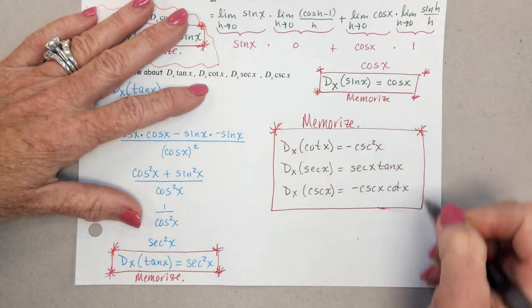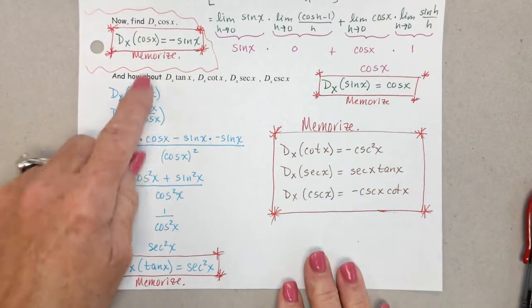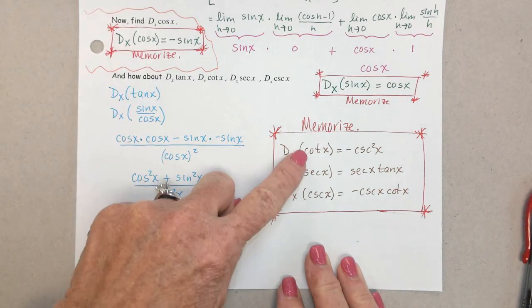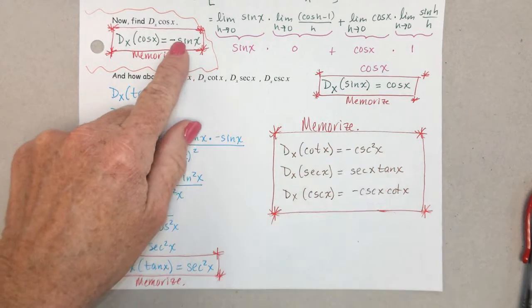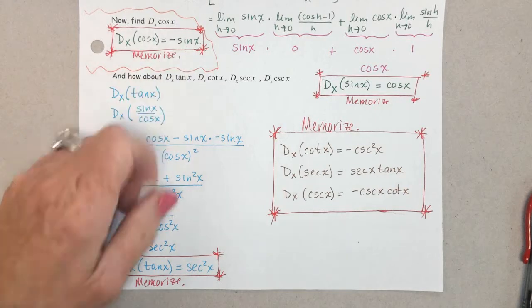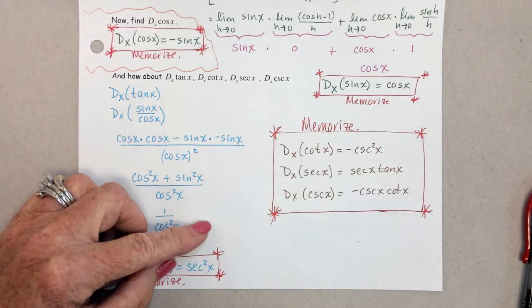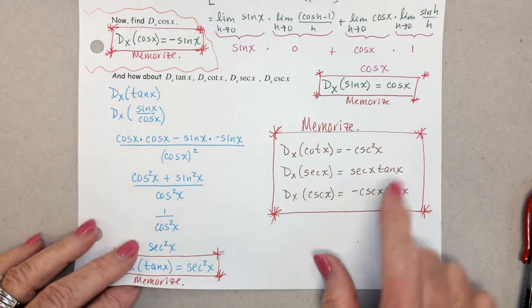There's a couple of patterns you can notice to help you. All of the original functions that start with C, cosine, cotangent, cosecant, they're all the negative derivatives. Those 3 are negative, the other 3 are positive. Also, secants and tangents always stick together. So the derivative of secant is secant tangent.